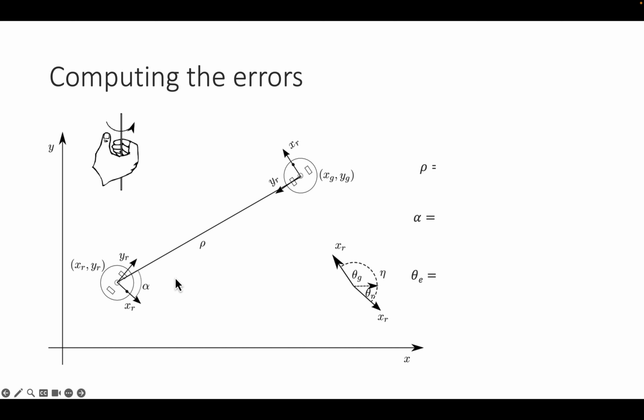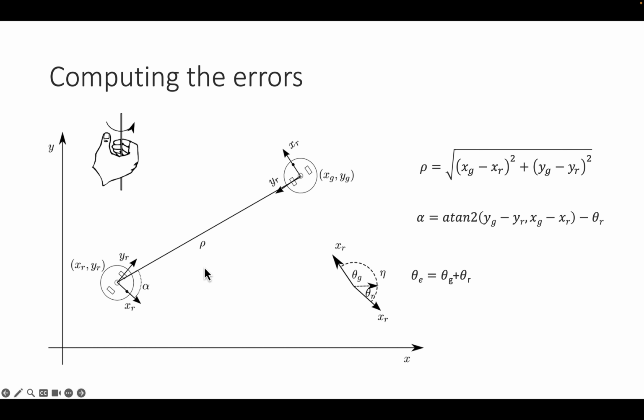Similarly, we can look at the angle here and compute it either using the cosine and the newfound hypotenuse, or we can use again the difference between y values and x values and use the arctangent. Finally, we have an error, which is the final orientation of the robot, which is given by its current orientation and the final one. At some point, the robot will need to turn to not only be at the desired position, but also look the right way.